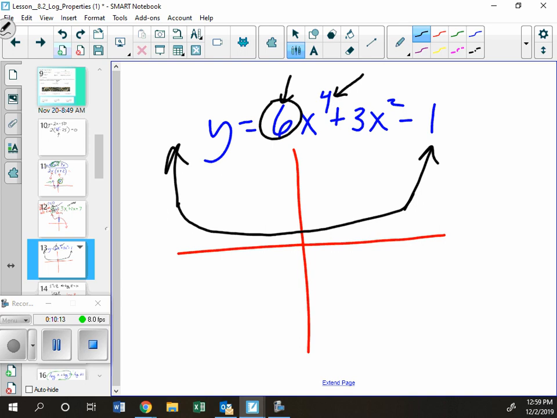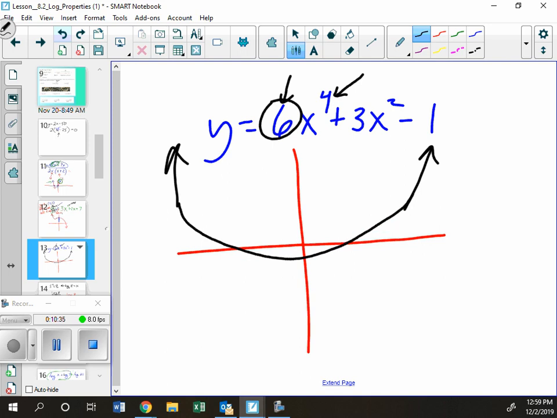Is this possibly what the graph looks like? I know it's not likely, but is it possible? What do you think that tells you that it couldn't be that way? Yes? The Y-intercept is supposed to be -1. Now, could that possibly be the right graph?